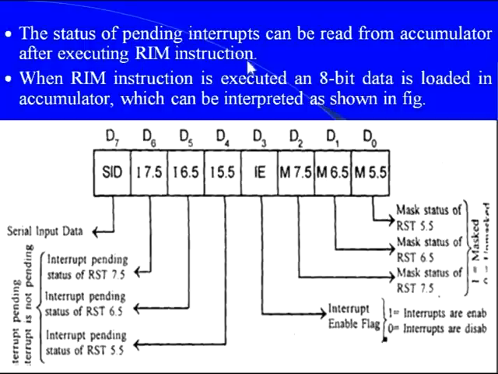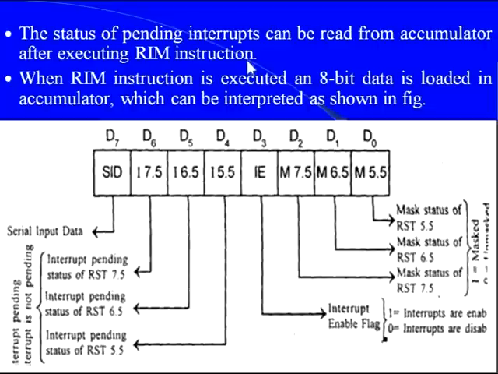Suppose in one particular application we may use 3 or 4 interrupts. Now assume that initially we are giving an interrupt through RST 5.5. Then before that interrupt service subroutine is performed, we give another interrupt through RST 6.5.